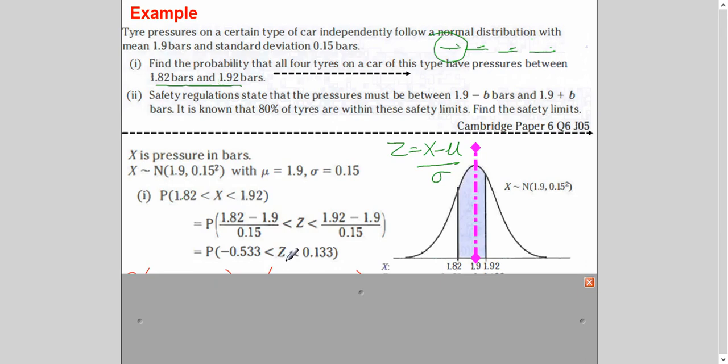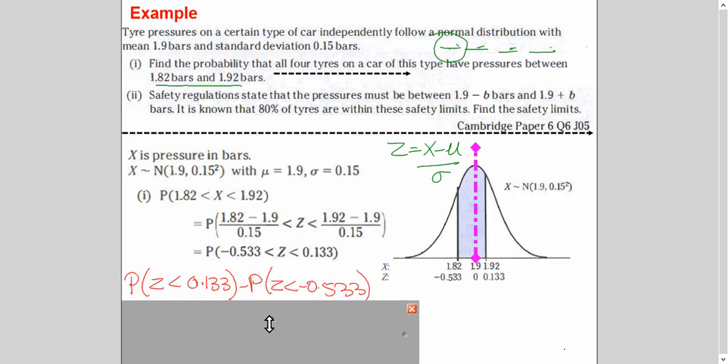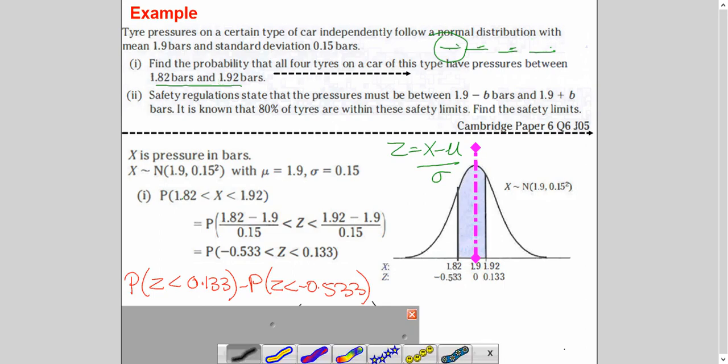I have to find out the probability here. Now this is negative and this is positive. So if you have seen the previous videos, you know the meaning of this. Probability of Z less than this. Let me just draw lines here to make it more obvious.